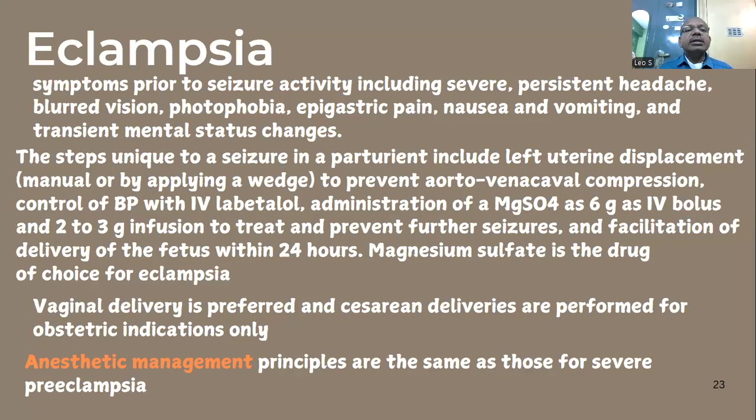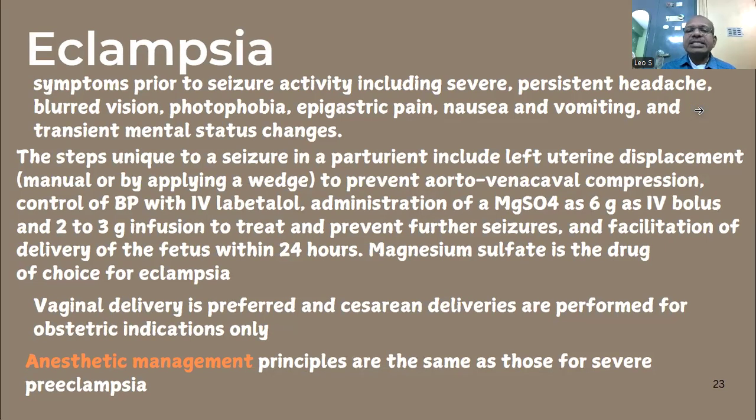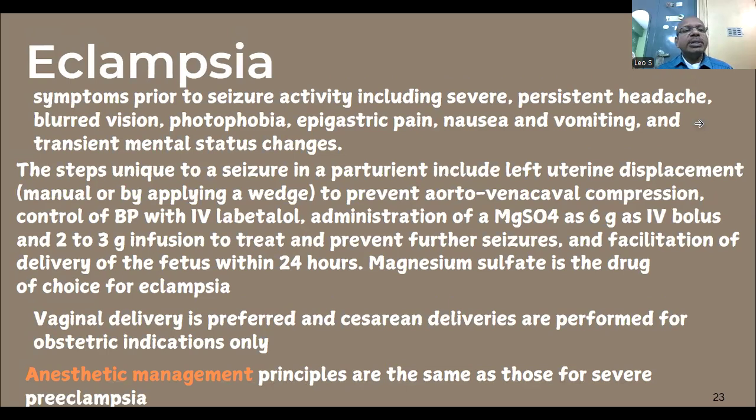Eclampsia is another important complication. The symptoms prior to seizure activity include severe persistent headache, blurred vision, photophobia, epigastric pain, nausea and vomiting, and transient mental status changes. The steps unique to a seizure in a parturient include left uterine displacement to prevent aortocaval compression.